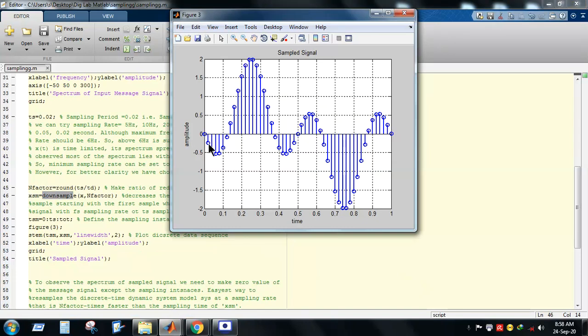We want to check the corresponding sample values at 0.02, 0.04, 0.06, 0.08, and like this it continues. So for this particular value, the value of this n factor will be 51. So you will get ultimately 51 samples. Here you can see the 51 samples.